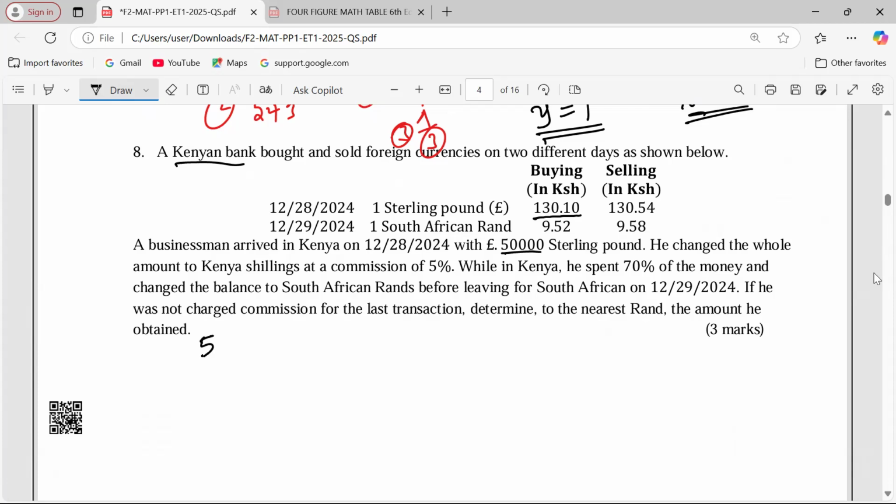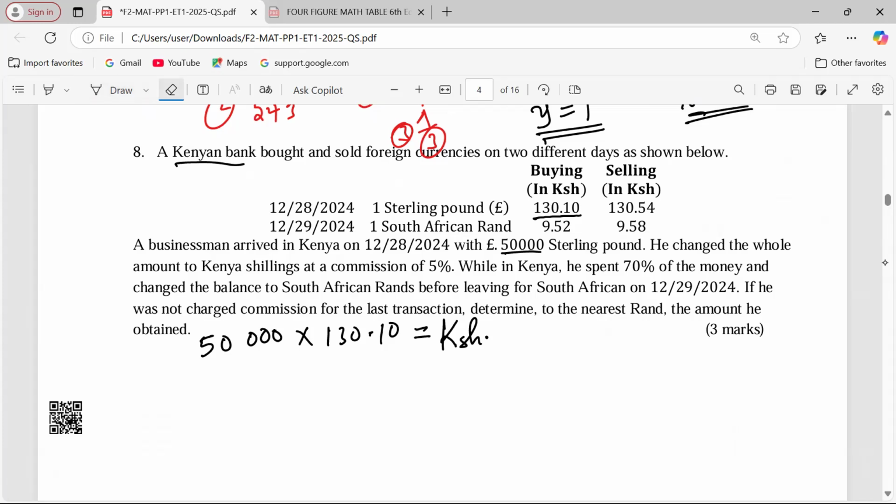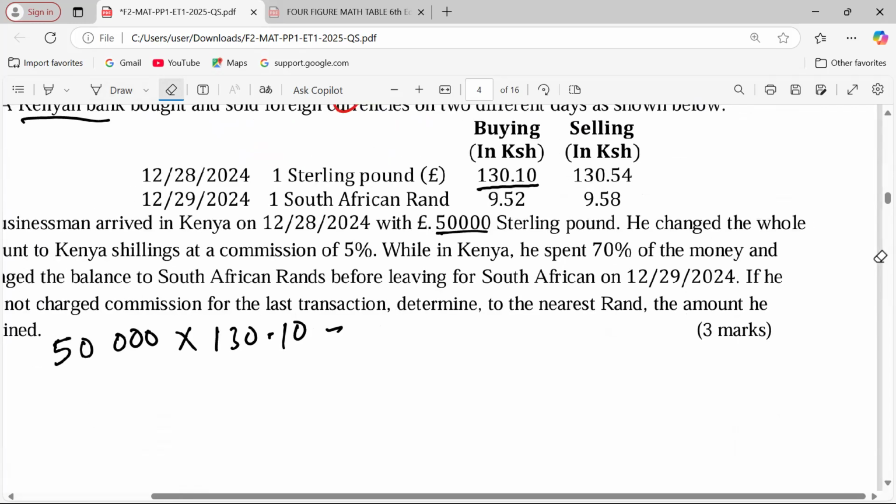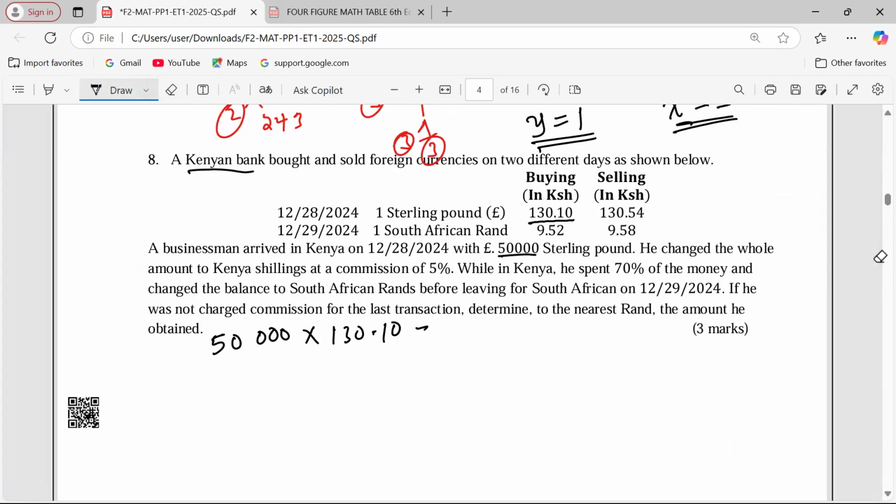Therefore, it will be 50,000 multiplied by 130.10, so that you get the Kenyan shillings he received. And remember, he is exchanging it at commission. Because he'll be charged a commission at the bank, this businessman will not receive the whole amount.